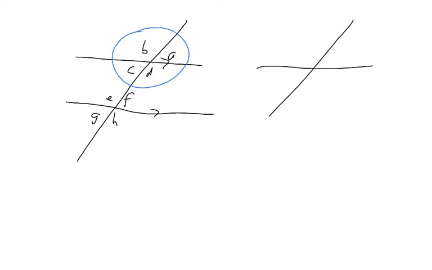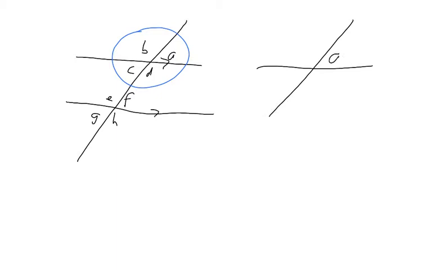And we have angles here, A, B, C, D, E, F, G, H. Now, what I'm going to do is I'm just going to highlight this area here quickly. So I'm going to come over here on the side. I'm just going to draw what we have.